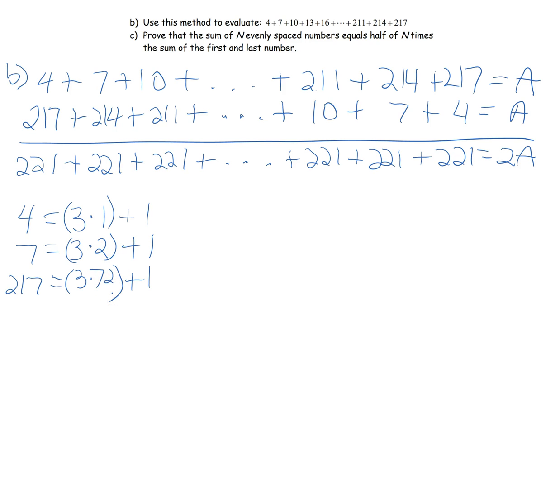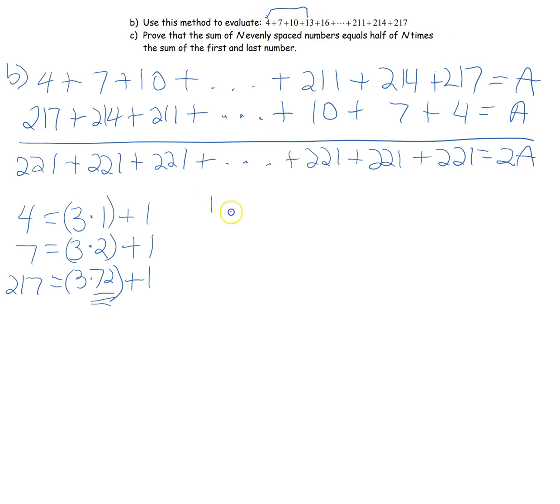And so you can work that out algebraically, and this means that we have 72 terms in total. Another way you can figure out how many terms you have is to figure out the difference between, let's say, 4 and 13.